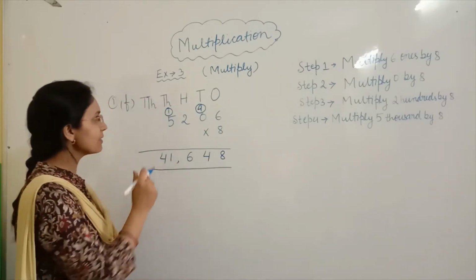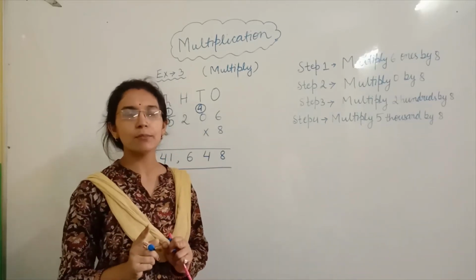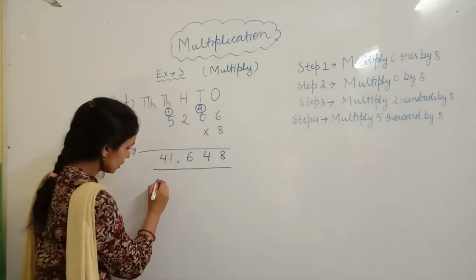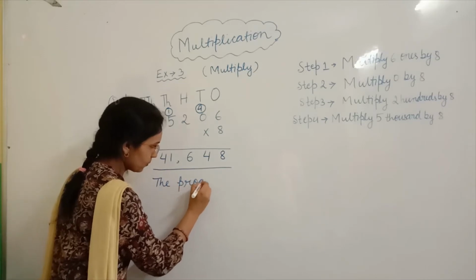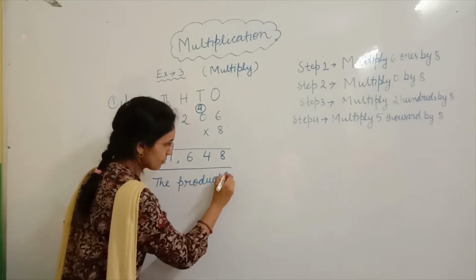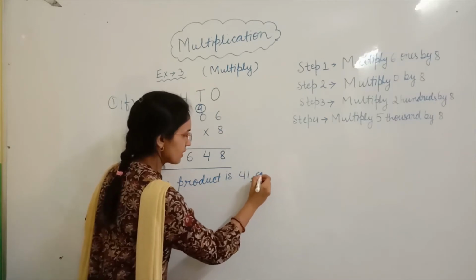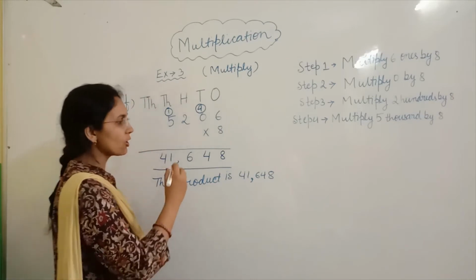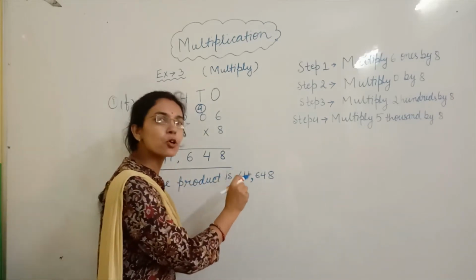And after that, as I have explained, whenever we multiply two numbers, we get the result as a product. So the product is 41,648.